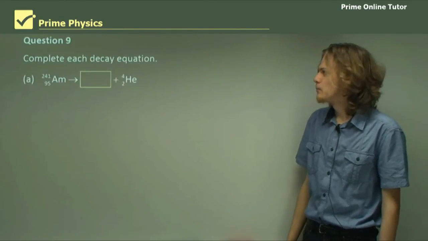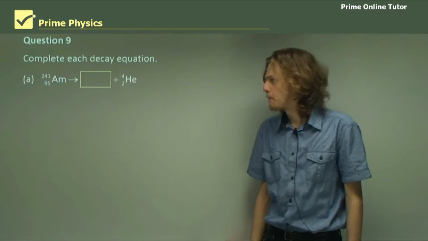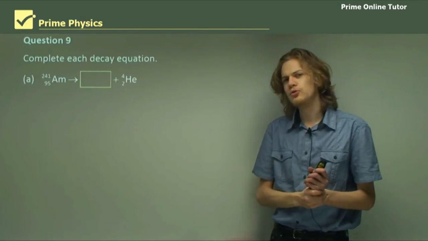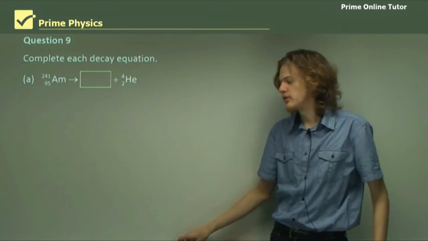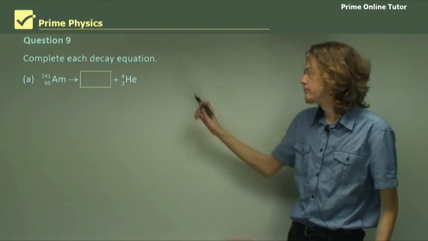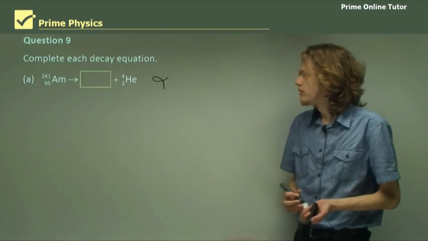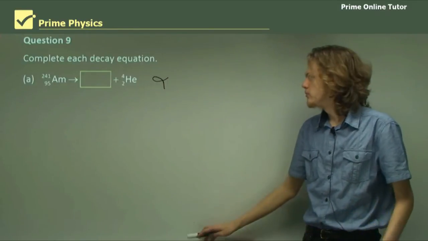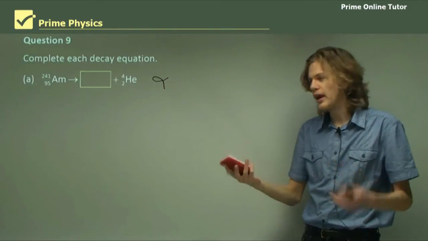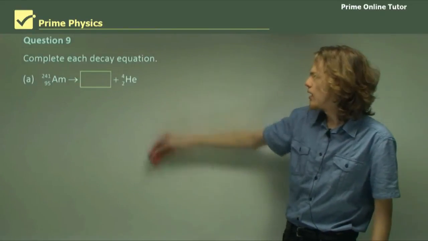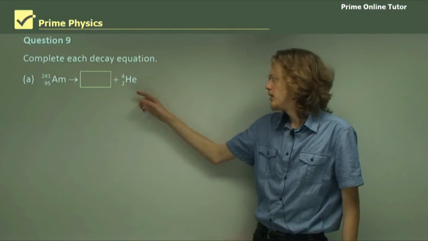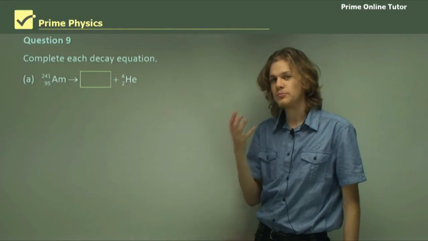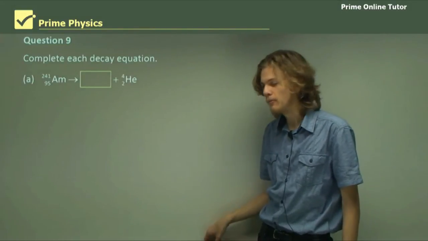Question 9. Complete each decay equation. So we have americium-241 turning into something plus a helium nucleus, which is an alpha particle. During alpha decay, our atomic mass decreases by 4 because it goes into the alpha particle, and our proton number decreases by 2 because it goes into the alpha particle.